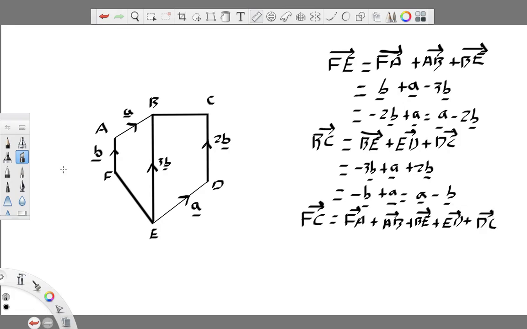So quite a long route. So F to A to B, B to E to D, and D to C.